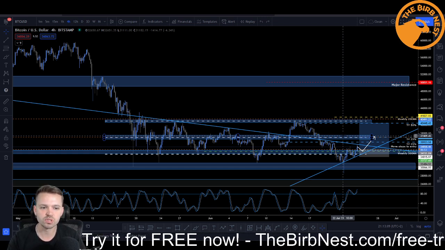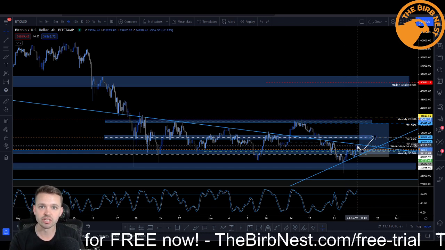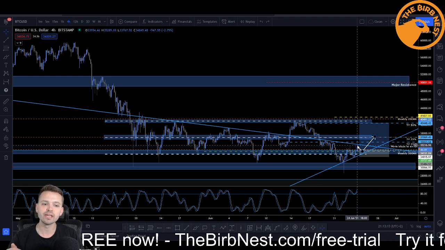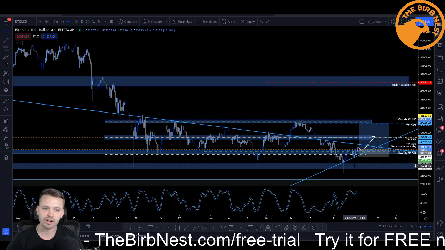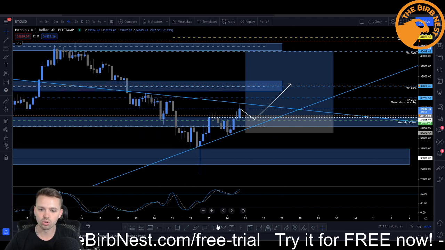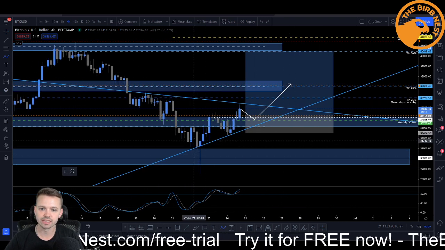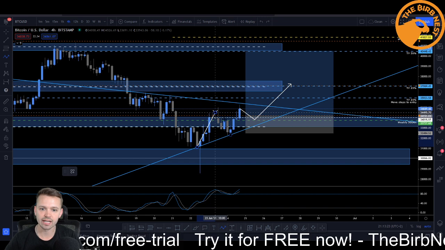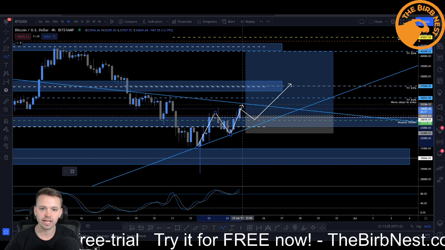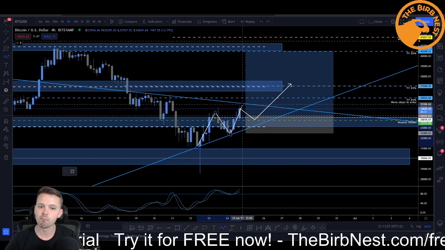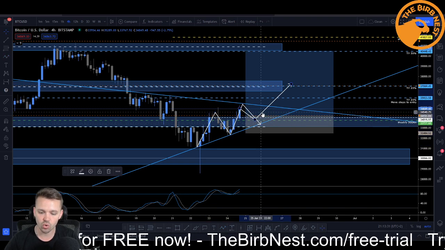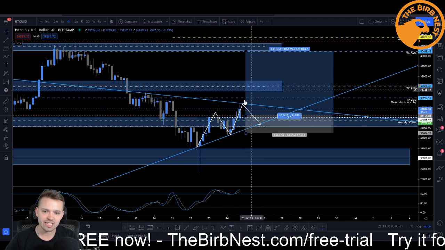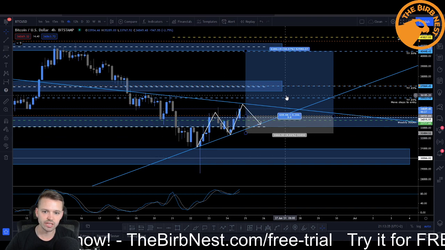Now, my hope is that this rejection at this trend line will be a new higher high prior to a new higher low in this local uptrend right here. You see this low, high, higher low, a higher high, and potentially a higher low, and I would like to see that low be the second test of this trend line right here.